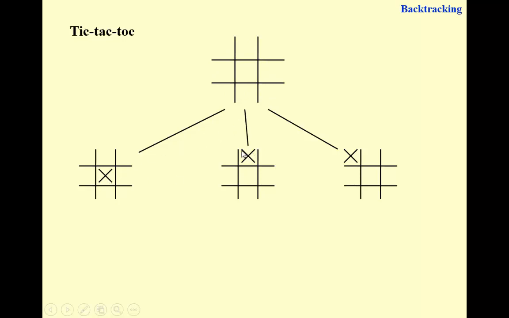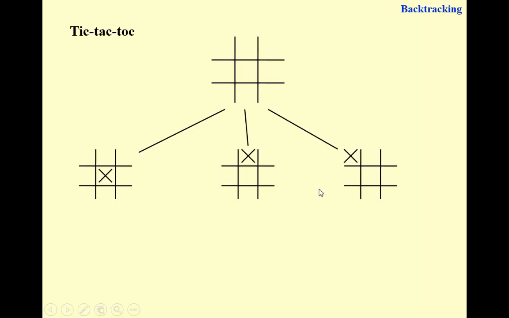It makes no difference if we place the cross here or here or here or here. These 4 positions are equivalent, so we consider them as one option. For the same reason, these 4 corners are also equivalent. Therefore, we only consider this case.